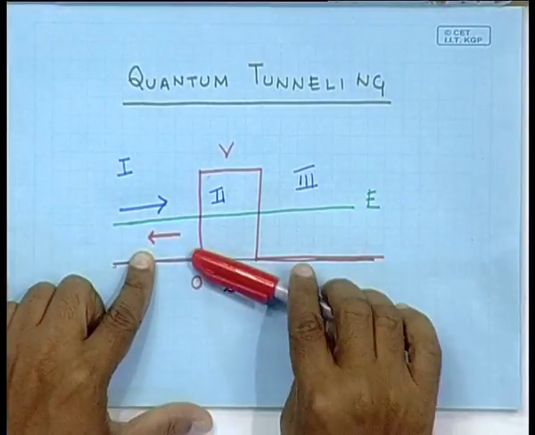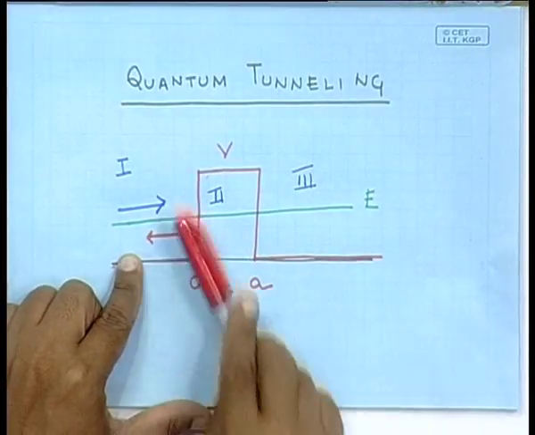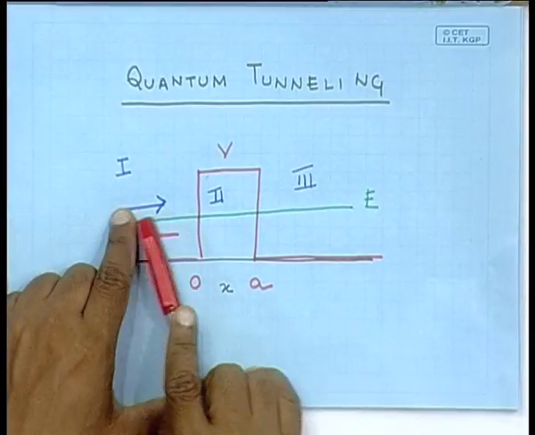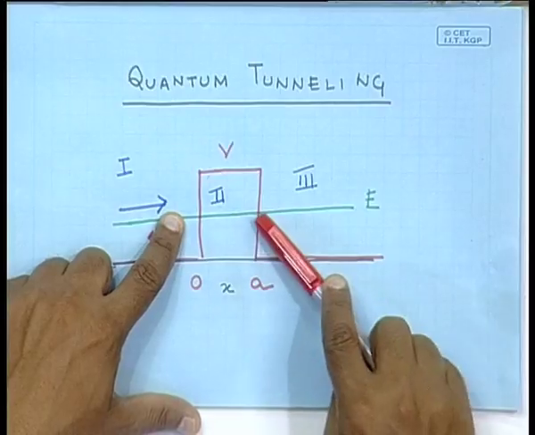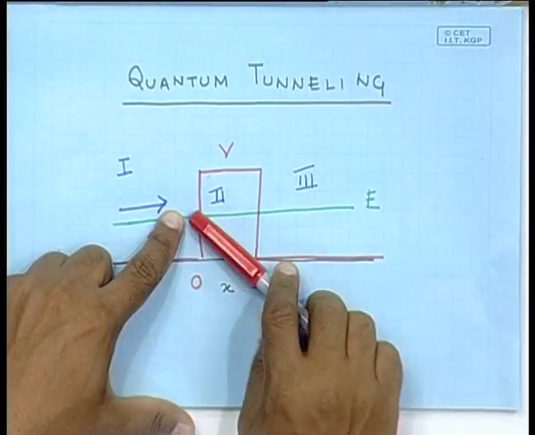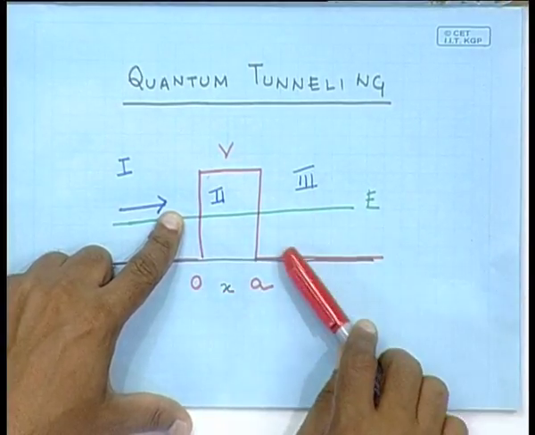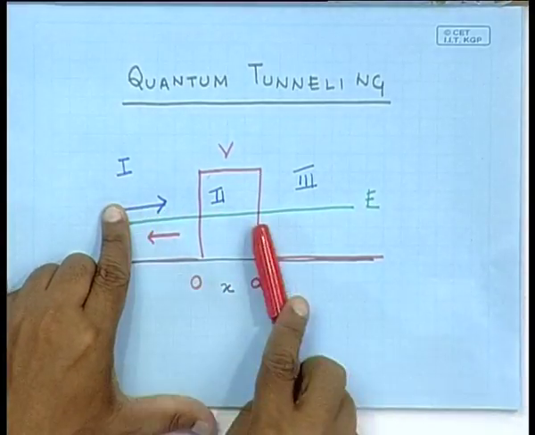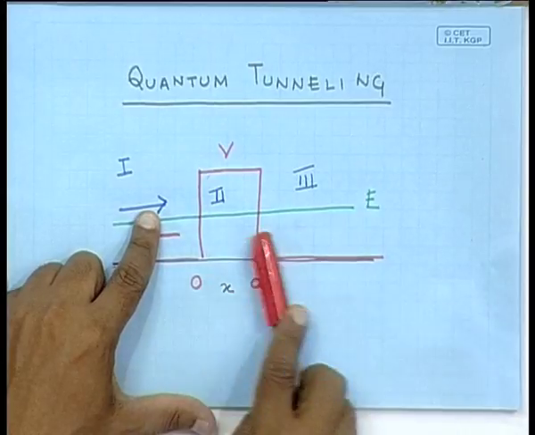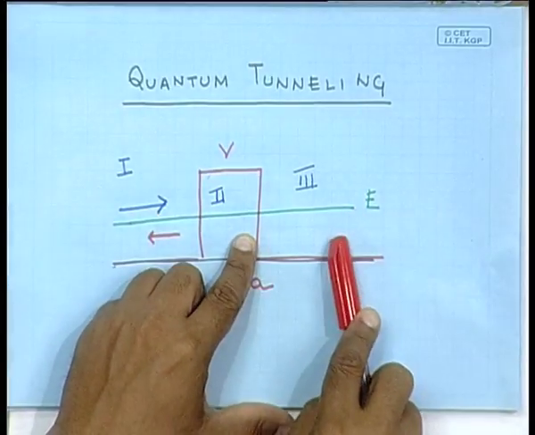In classical mechanics, all the particles would get reflected. In quantum mechanics, we see that the wave function corresponding to these incident particles can penetrate through the barrier and some of it may come out, and because of that we would have a finite probability of finding some particles here. These would be particles that have managed to somehow get through this, and they would be particles going to the right.